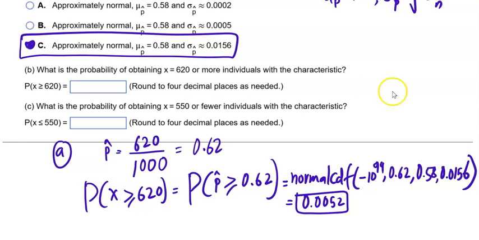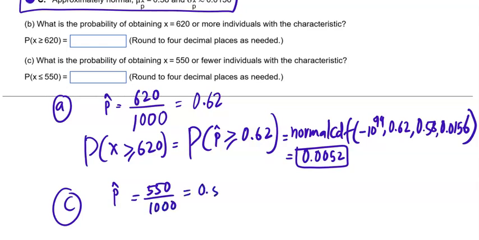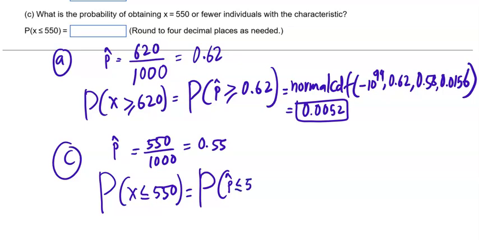Okay, the next one, part C, is similar. p hat for 550 is going to be 550 divided by 1000, which is 0.55. So the probability of x less than 550 is the same as saying the probability of p hat less than or equal to 0.55. You have a less than here, so this is going to be the upper bound.